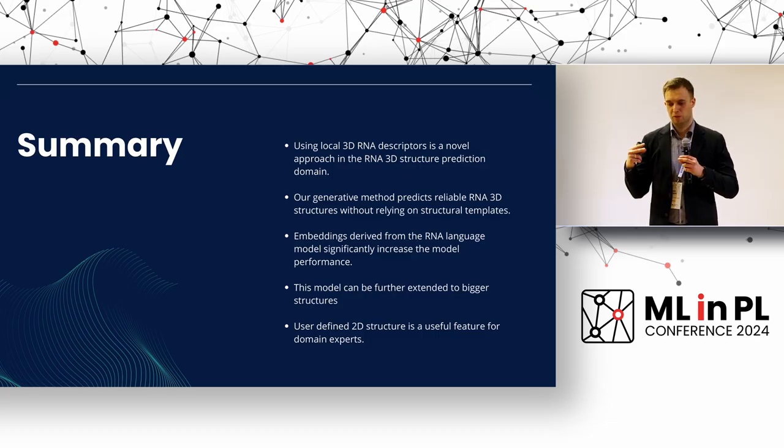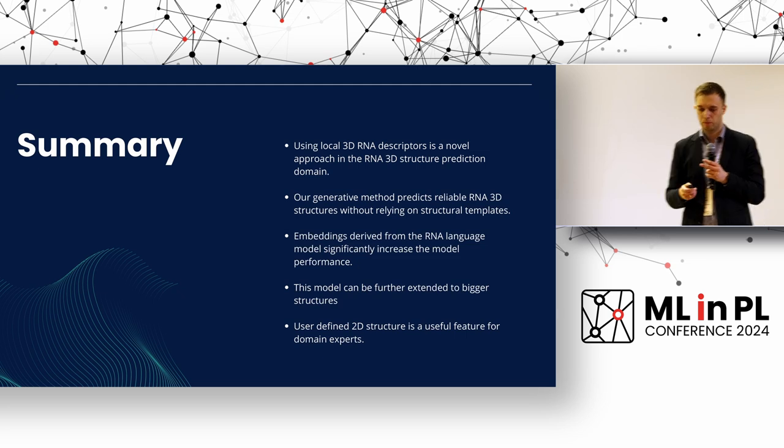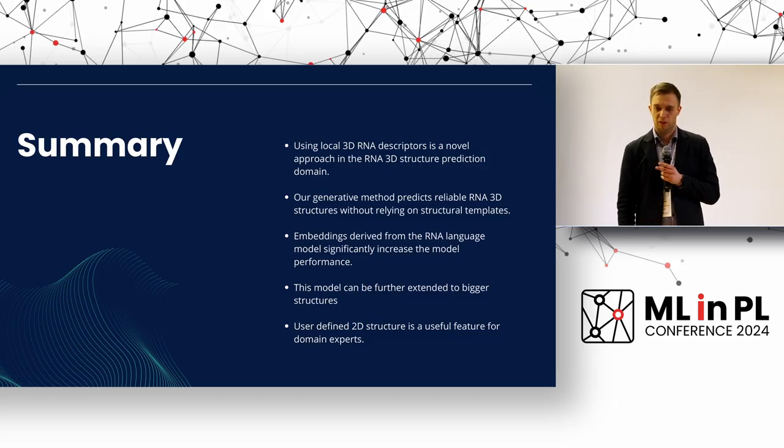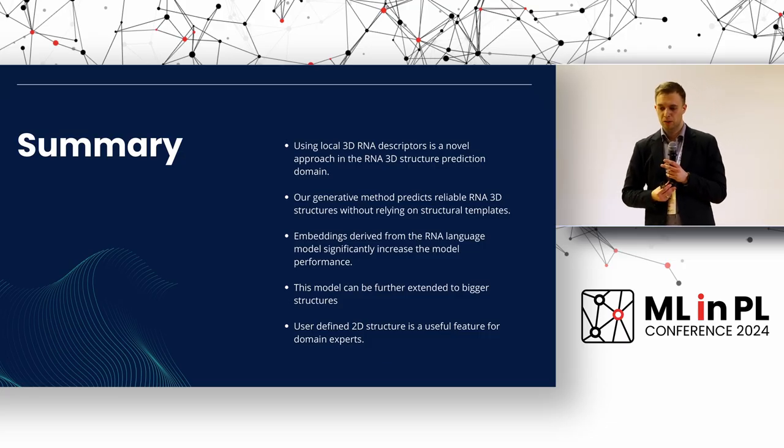So we omit the problem of missing data, but there's still a lot of work to be done to predict full atomic structures and to assemble the bigger structures. Another thing is that we proved that embeddings derived from the RNA language model have significant inductive bias and they significantly improve the performance of our model.